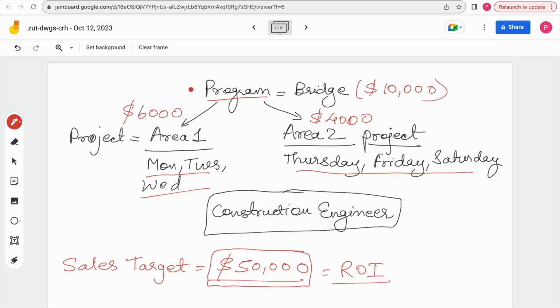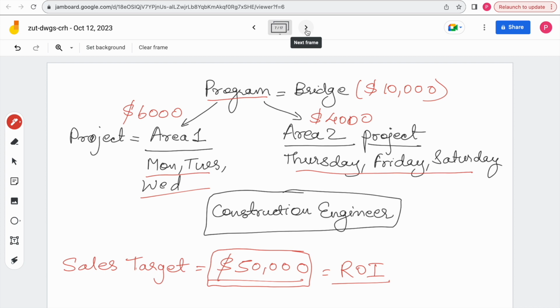The KPI of the program manager is to manage these projects so efficiently that the whole program gives the desired ROI, return on investment, and provides a better benefit that matches the strategic goal of the organization. So this was all about program.